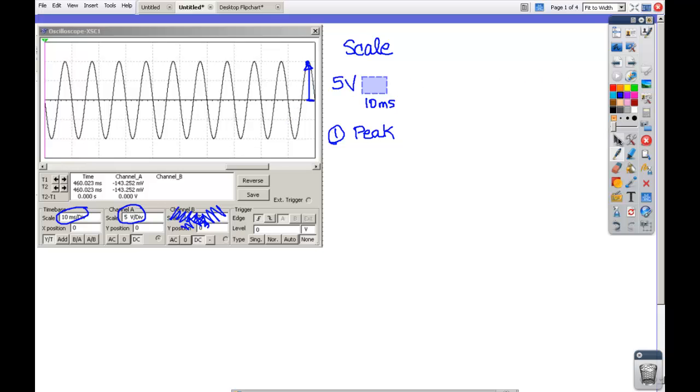So you can count the number of boxes. Now I know sometimes it's hard to see these little dotted lines, but right here, if you notice, that's 1 box, that's 2 boxes, so we can say that it is 2 divisions tall, and then from our scale we know that each division is 5 volts per division.